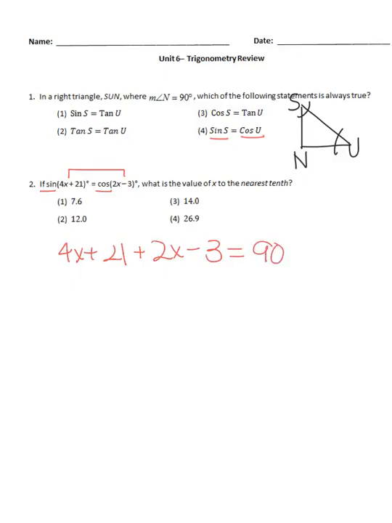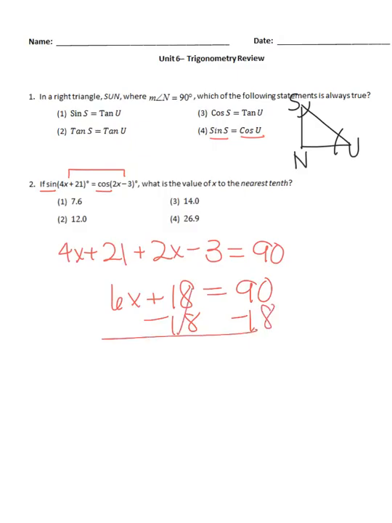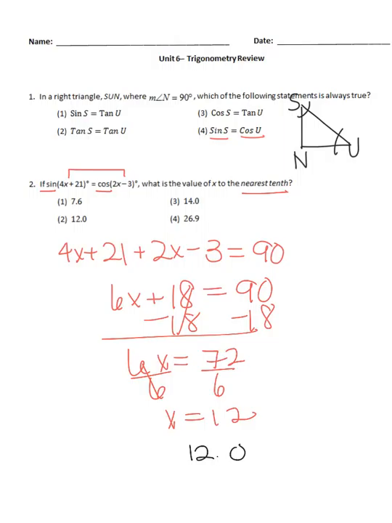Combine like terms. So x is equal to 12. And since it's to the nearest tenths place, it's 12.0.